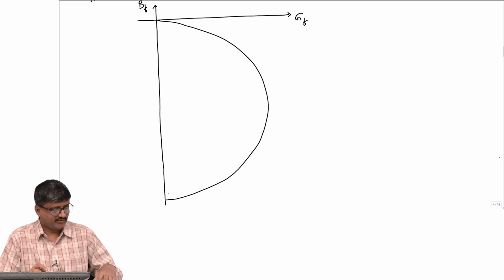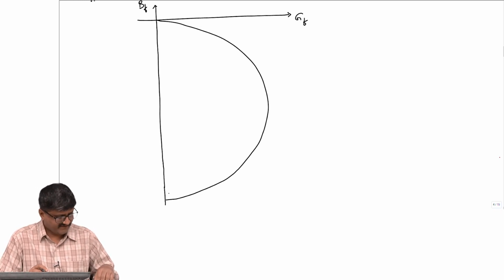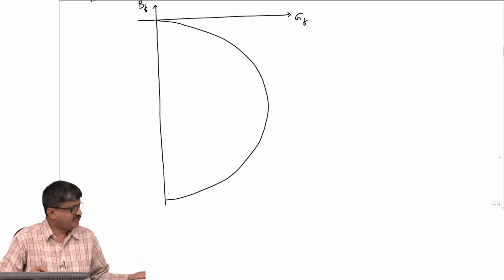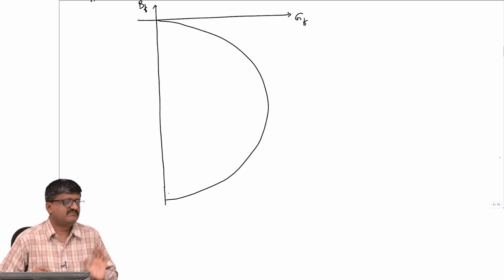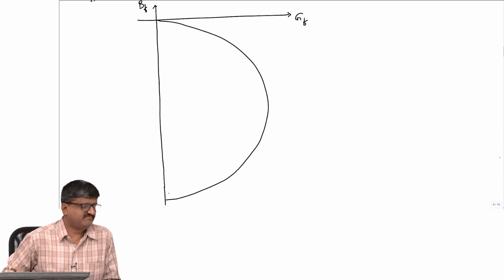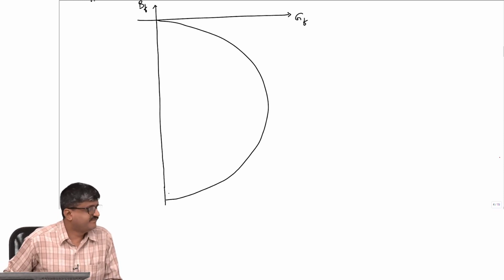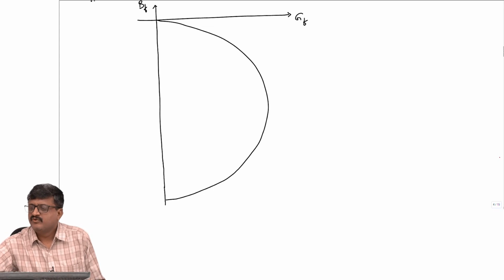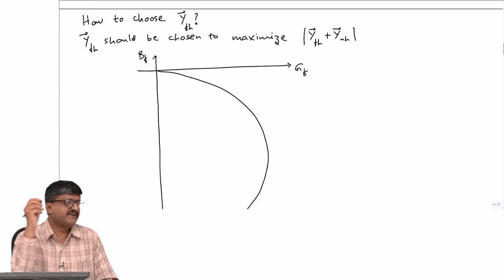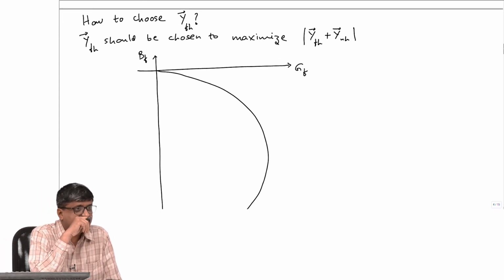Any answer? How to choose y of h? First I have to choose y of h, and from then I can show y n h. Once I know y of h, then I know how to choose y n h. That is what we discussed just now. But the question is how to choose y of h in order to satisfy this objective, to maximize the magnitude of y of h plus y n h.